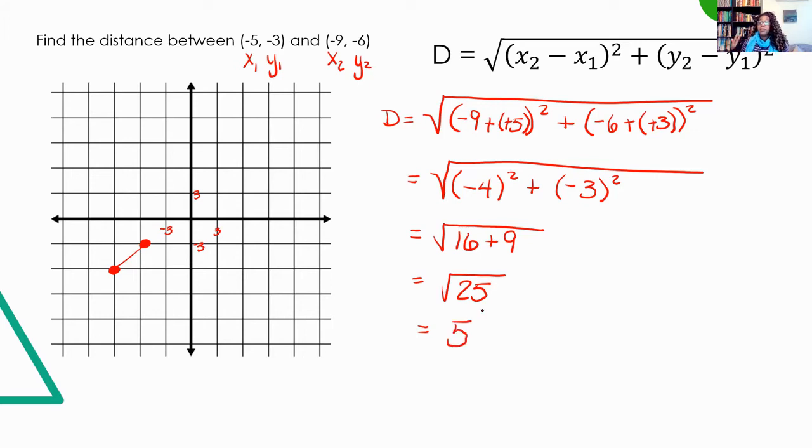There's going to be times that we have those rules, but we got to look at our situation. If I'm looking at length, obviously I'm going to take the positive. If I'm looking at direction, I got the positive and the negative. If I'm looking at points, I'm going to the positive and the negative. Okay? So the length from those 2 points is 5 units.